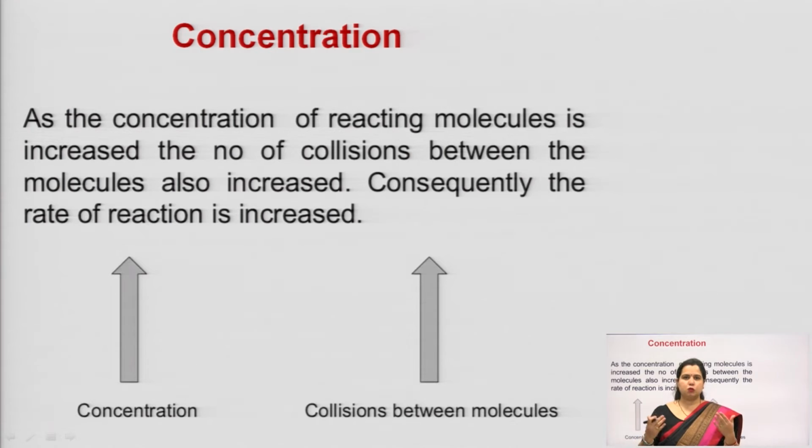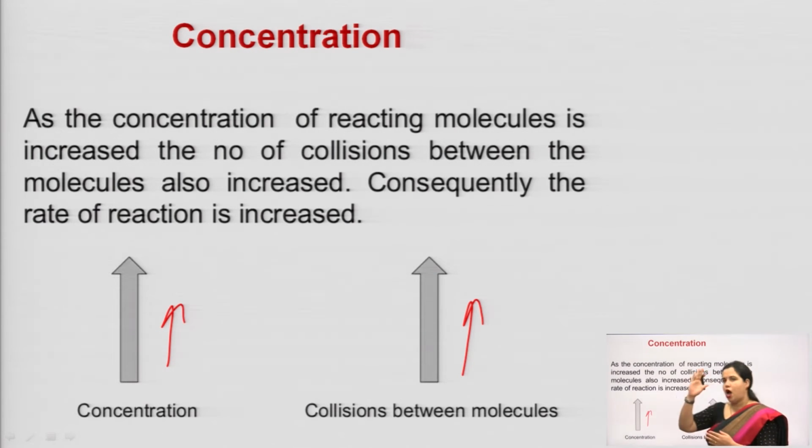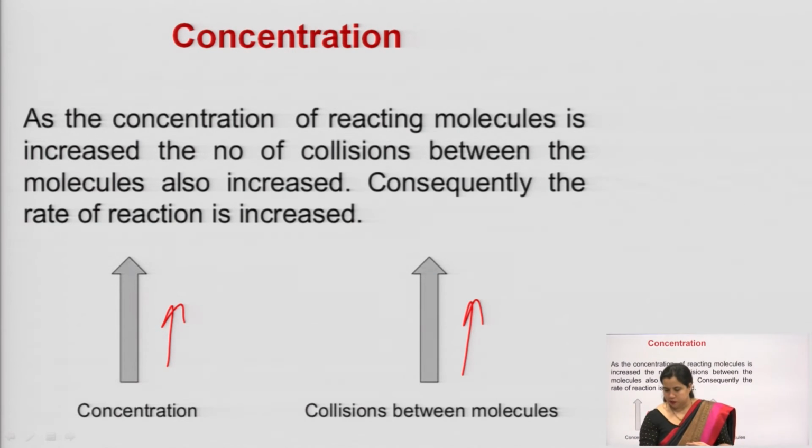So, we can expect a greater level of interaction or collision between the particles of the reaction. Consequently the rate of reaction is increased. That means the concentration is directly proportional to the rate of reaction. Collisions between the molecules will also increase. So, both things will go in an upward direction.